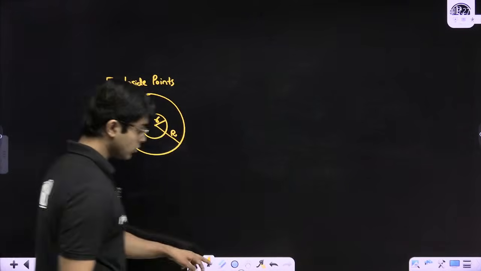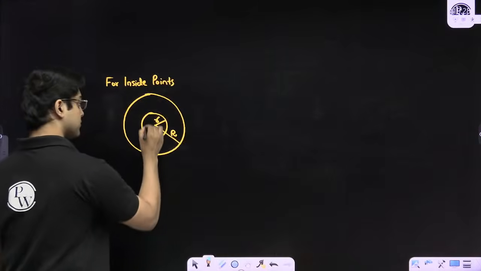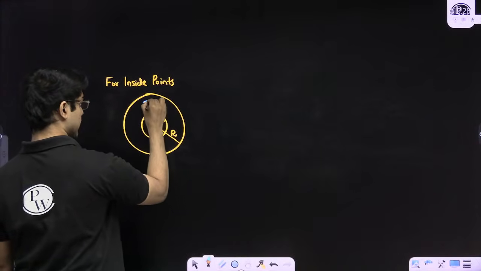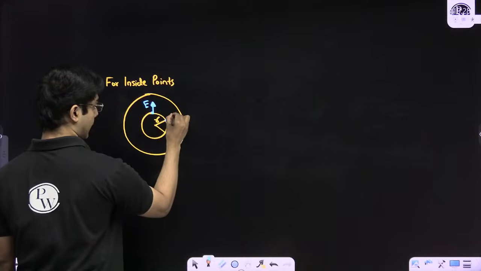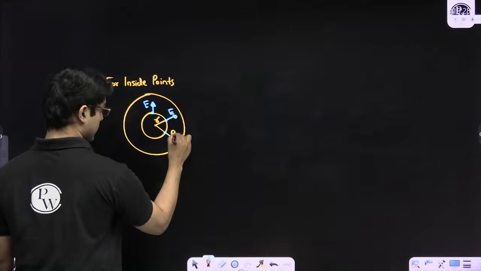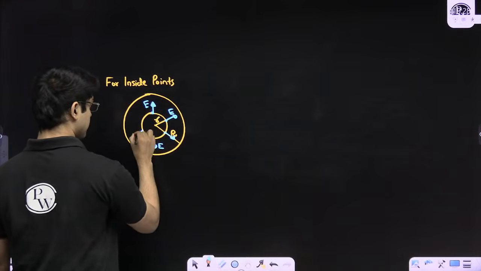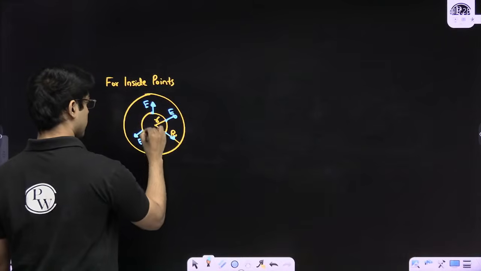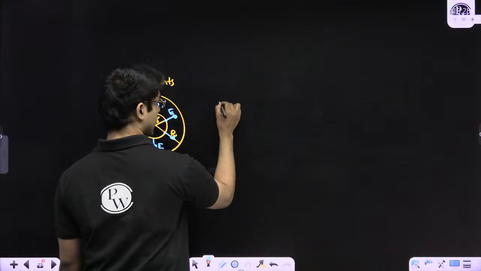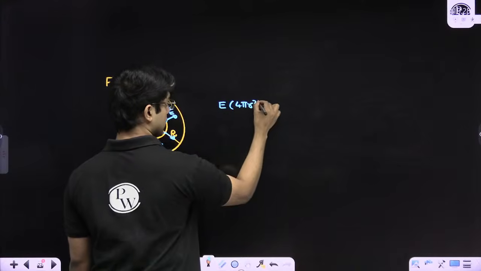Here also let's just assume there is a field in the radially outward direction, and I'm going to call it E. So the left hand side of Gauss law will be E into the surface area of the Gaussian surface, 4 pi r square.